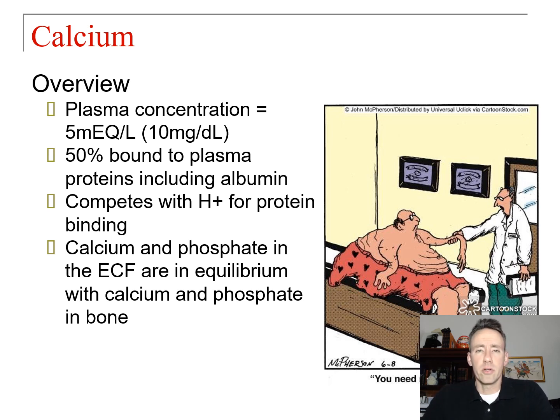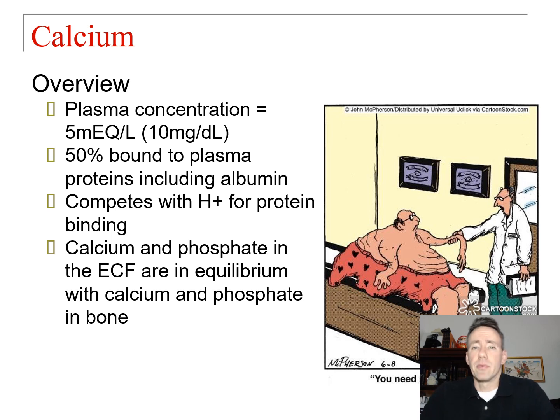Now, another interesting property of this calcium binding to proteins is that it competes with protons, or hydrogen ions, for the same binding sites on proteins, which means that the level of calcium can increase or decrease depending upon the pH of the blood.